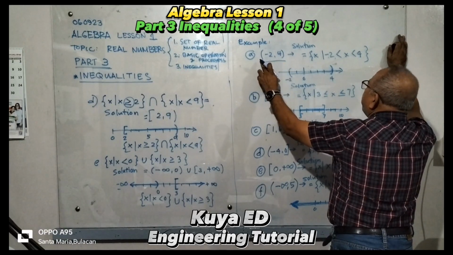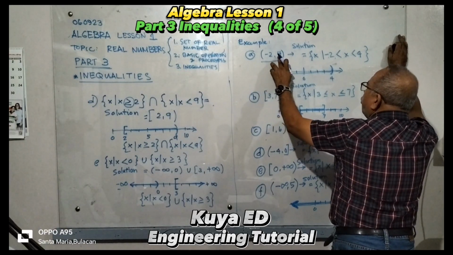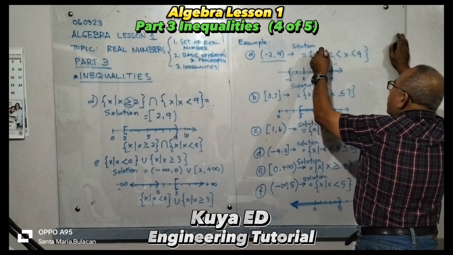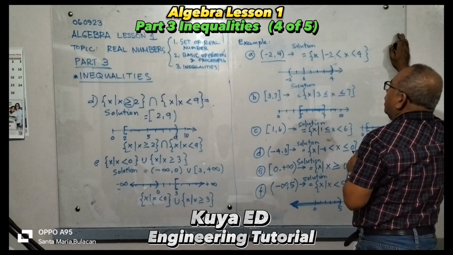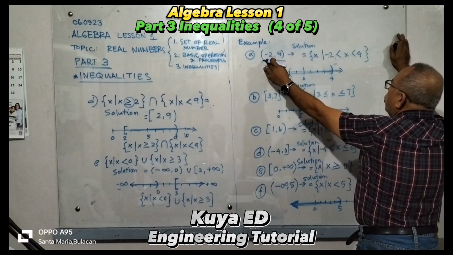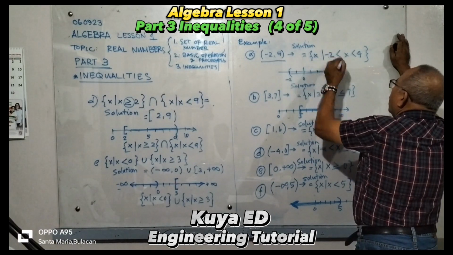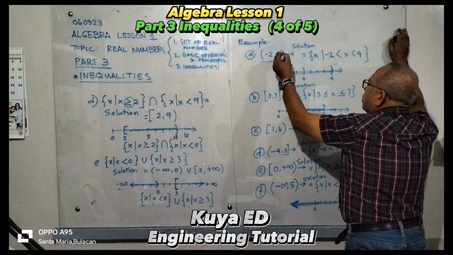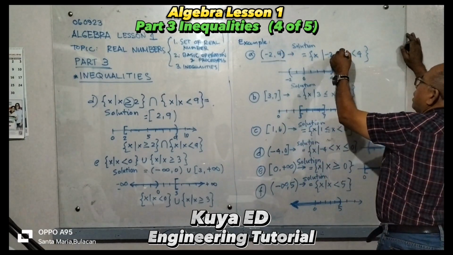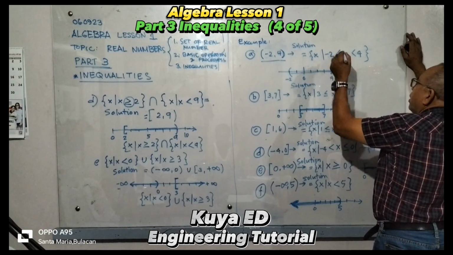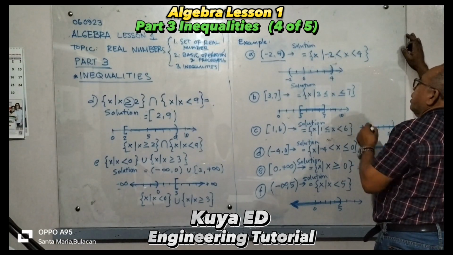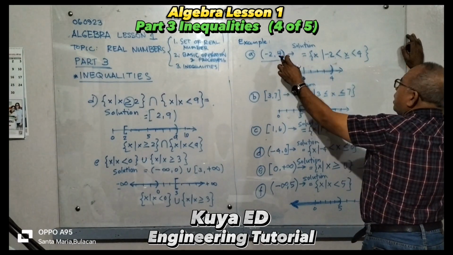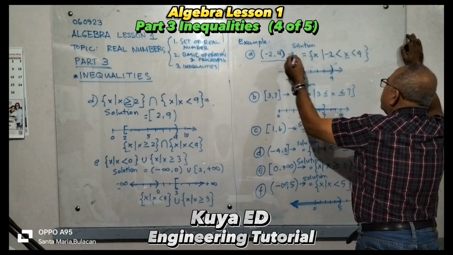Negative 2 is to the left of 4. That's why we considered x here such that, okay, we have negative 2. And since this is a parenthesis, so that is less, ang ating gamitin na symbol is less than, then put the x in between, then another 4 here with a parenthesis also.